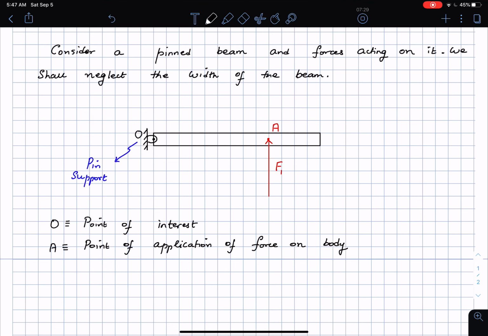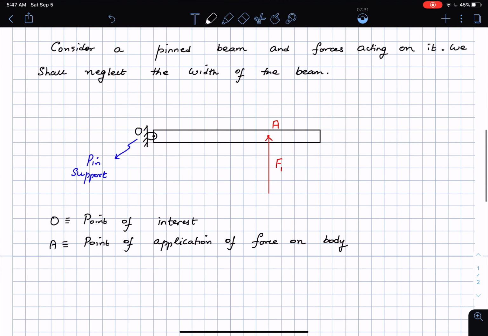I'm interested in point O because I want to calculate the moment about the point O.